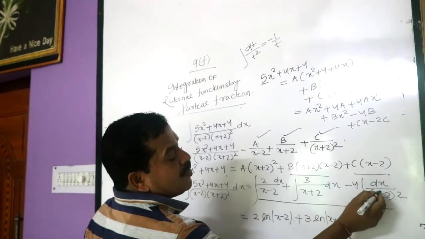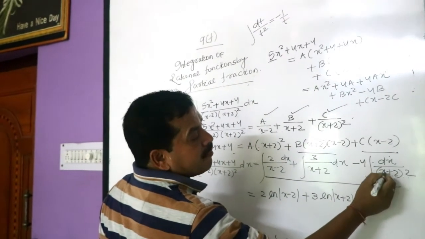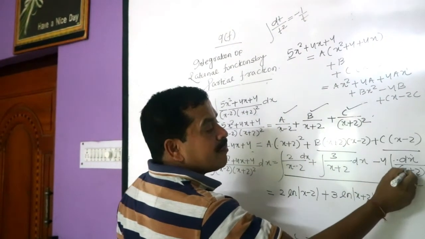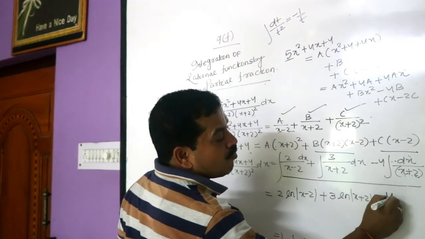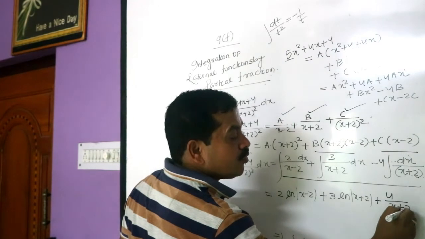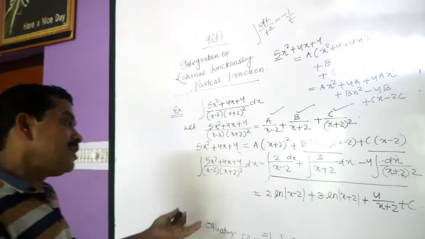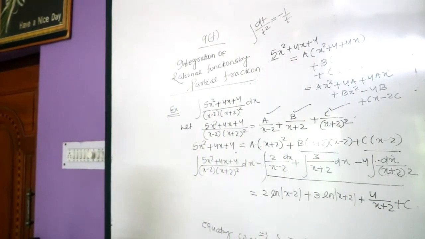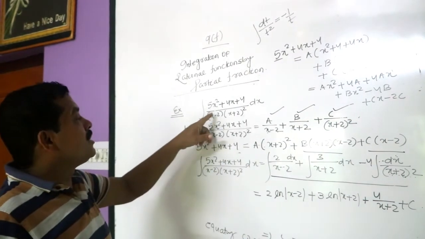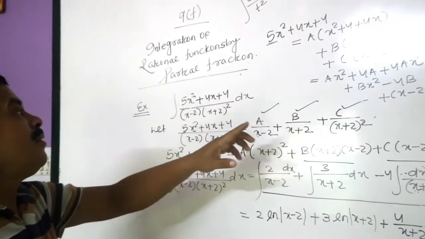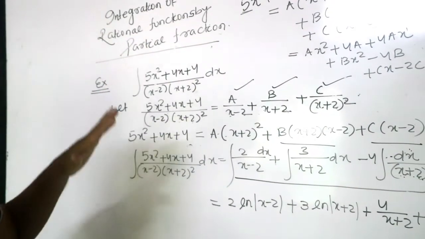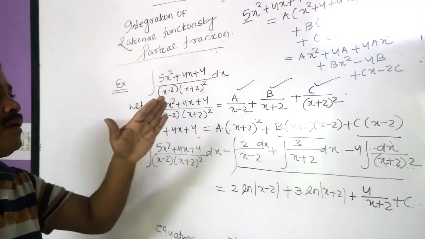Similarly, here we will get minus 1 by (x plus 2). Here it is minus 4, so that will be 4 by (x plus 2) plus c. This is your answer. So here the factor is linear but repeated, but in the previous case, the factors are linear but non-repeated.